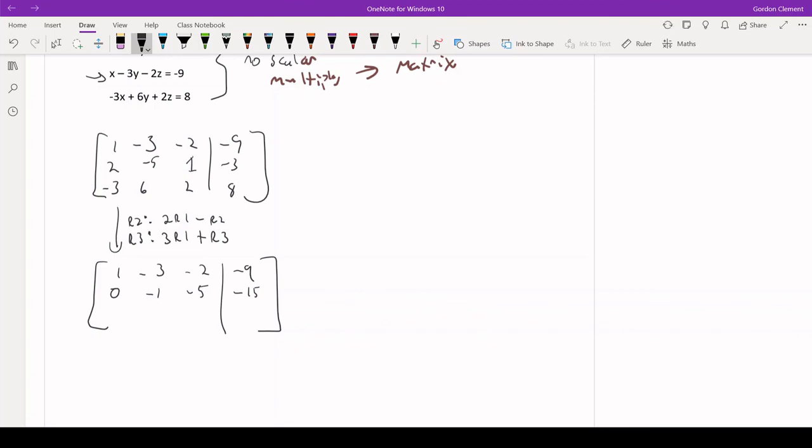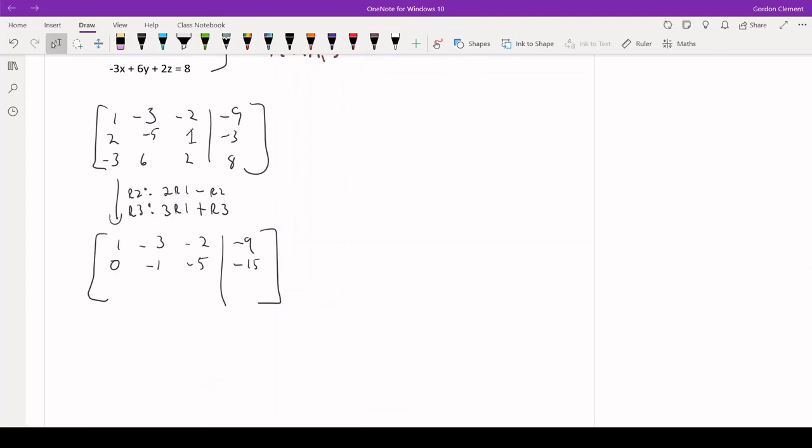Or you could multiply by -3 and then subtract row 3, but that's too many negatives for my brain to handle, so I'm going to do it this way. 3 times 1 is 3, add -3, we in fact get 0. 3 times -3 is -9, and then add 6, we get -3. 3 times -2 is -6, add 2 is -4. 3 times -9 is -27, add 8, -19, I believe.